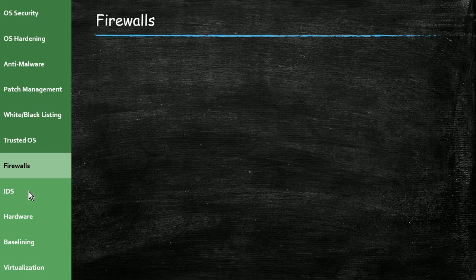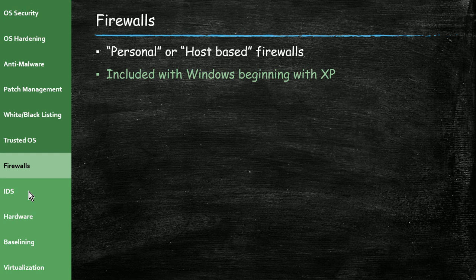So firewalls, we talk about firewalls in the network security videos, but firewalls can also be local on the host. And really, all firewalls run on a host machine, but each host machine could have its own firewall that's doing additional firewalling.